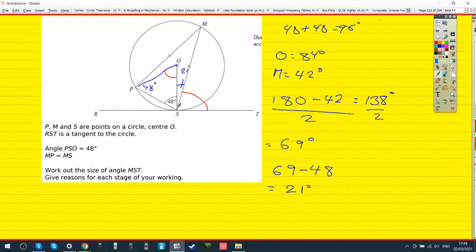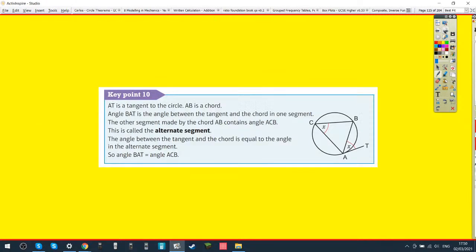Tangent meets a radius. Ah, yes. A tangent meets a radius. So this OS is a radius. And RT is a tangent. And so it's 90 degrees between them. So it's 90 minus 21. And so it's 69. Yeah, I think that's that one.